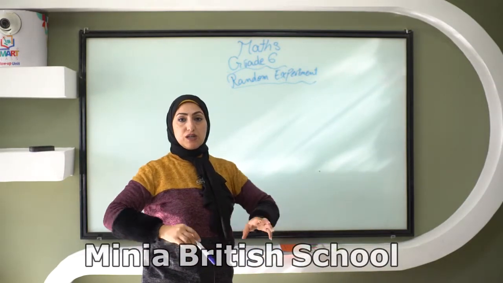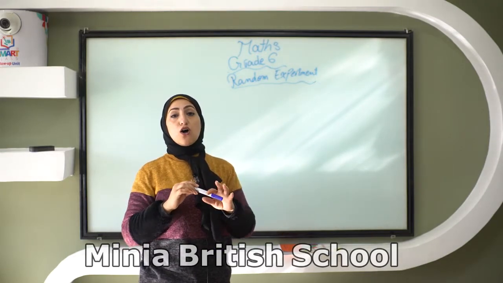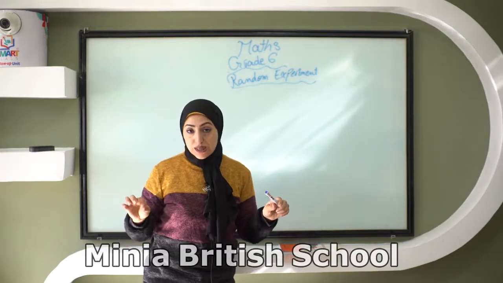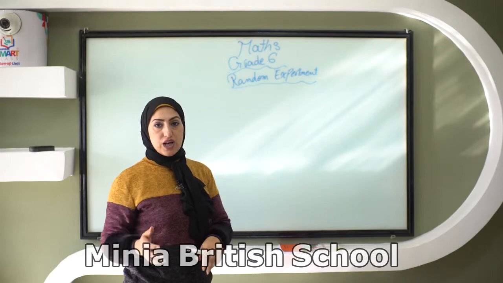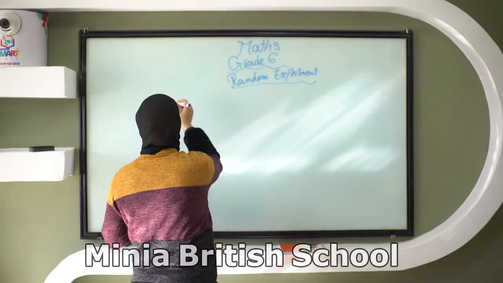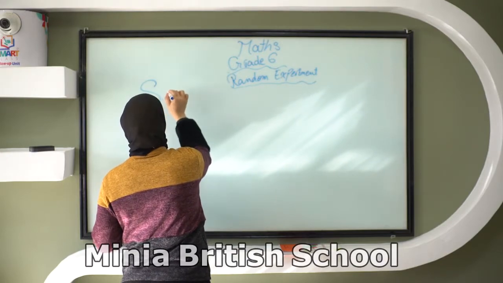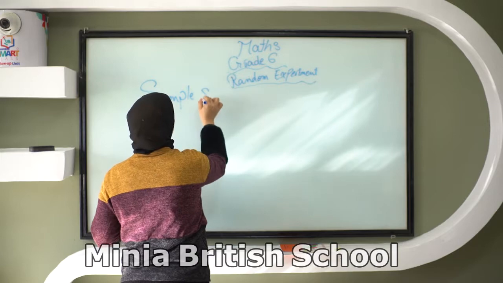The experiment in which I know all the outcomes, but I can't predict with certainty which one I choose or carry out. This is the meaning of random experiment. I have another thing, which is sample space.